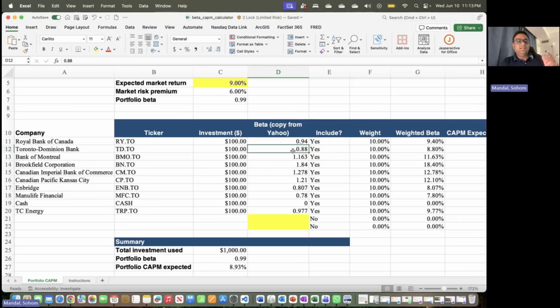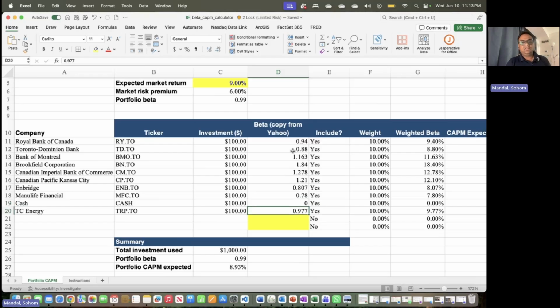You can see Royal Bank has a beta of 0.94, and TD Bank 0.88. That means it's a little less volatile than the market, but BMO is actually a little bit more than the market, and Brookfield Corporation is also a higher portion there. Also, you can see there is cash, so you're just keeping cash in hand for some emergency reason, so just keep it there.